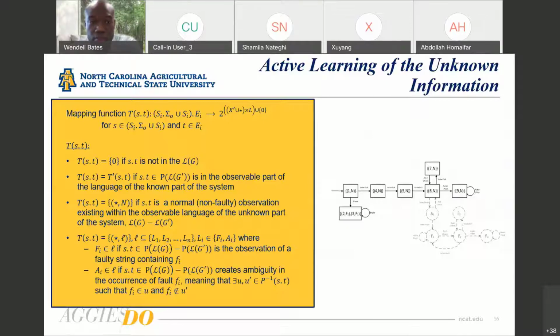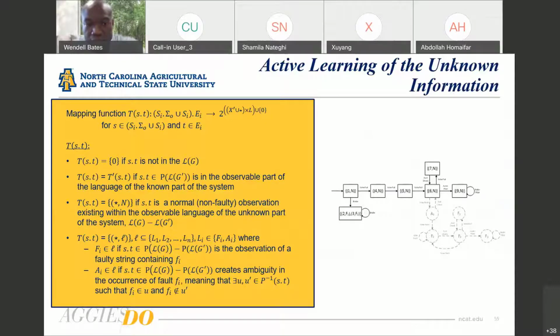And if the string is normal, then that means no fault has occurred within the inverse projection of the string. And so if the inverse projection of the string provides faulty labels or faults in all strings, then the label will be represented by an Fi, whichever fault has occurred.